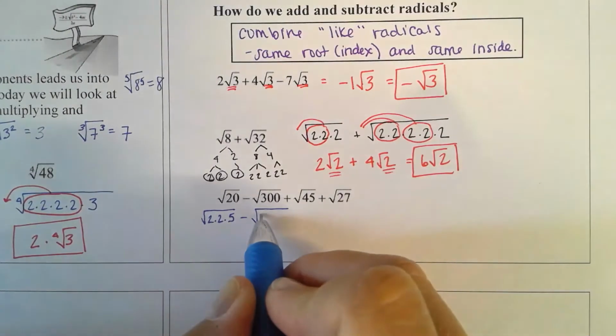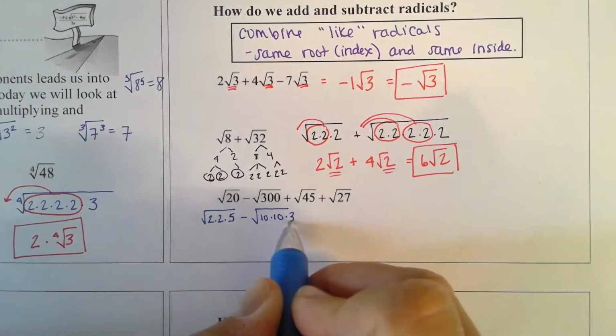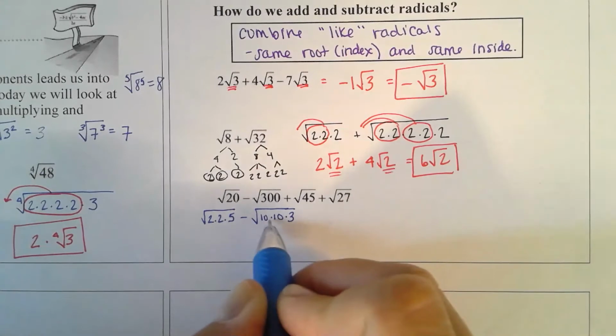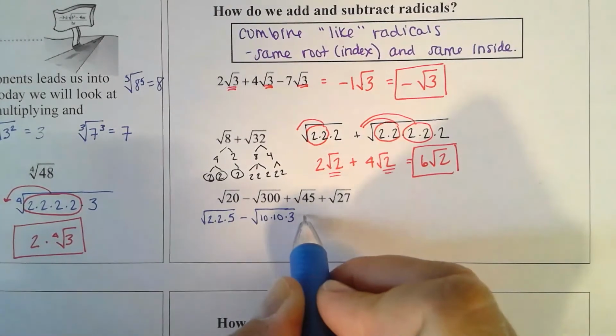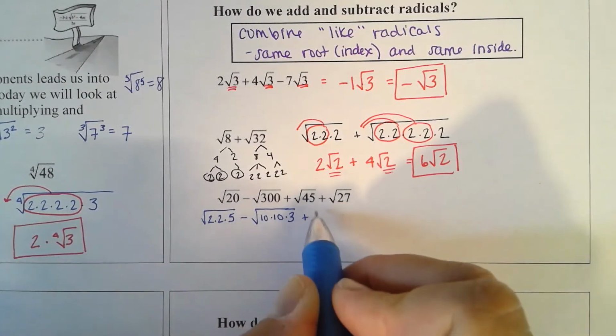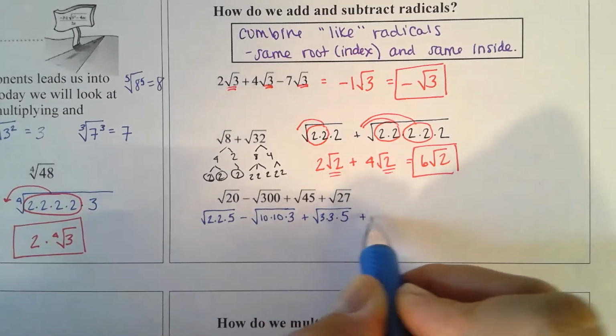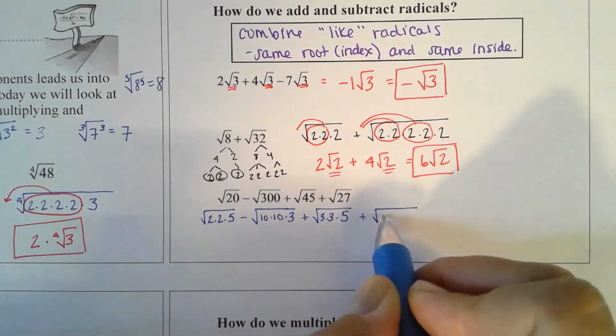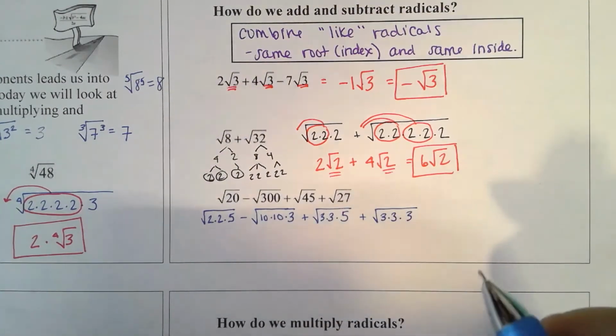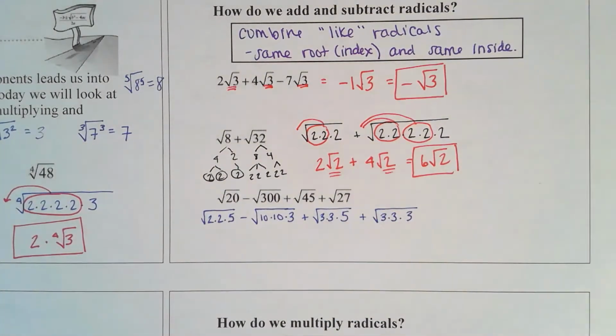That 100 breaks into a couple 10's. And I actually stopped there. I know 10 is not prime, but I see a pair, so we can stop there. 45 is the same as 9 times 5, so 3 times 3 times 5. And then 27 is 9 times 3, and then that 9 breaks into a couple of 3's. For saving space, I didn't write every single piece out.